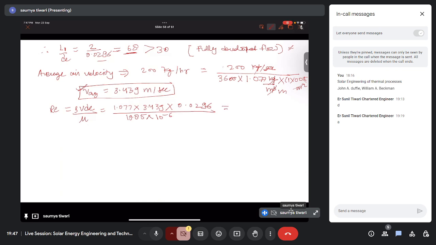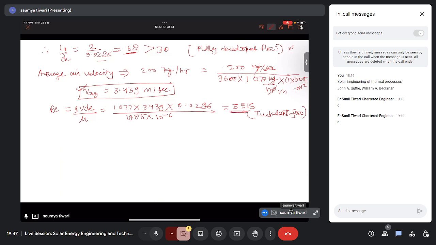Your Reynolds number will come to be 5515. So clearly this is a turbulent flow.